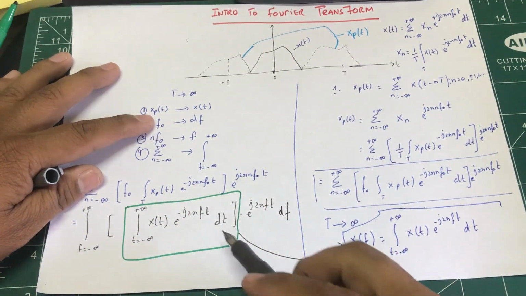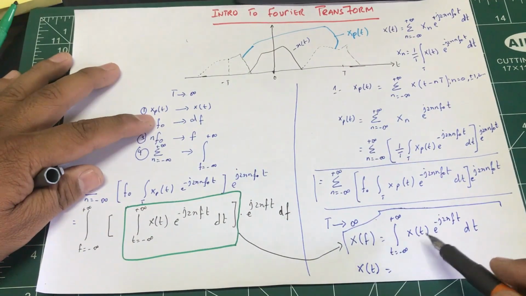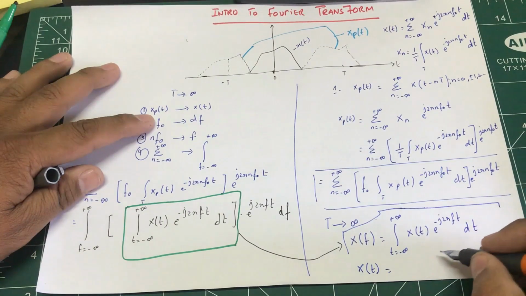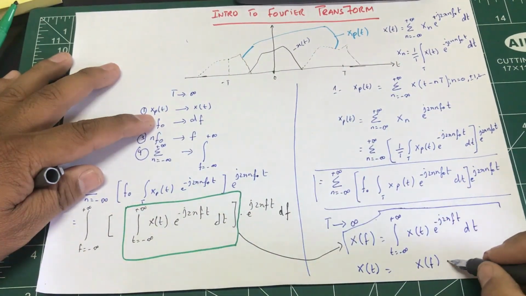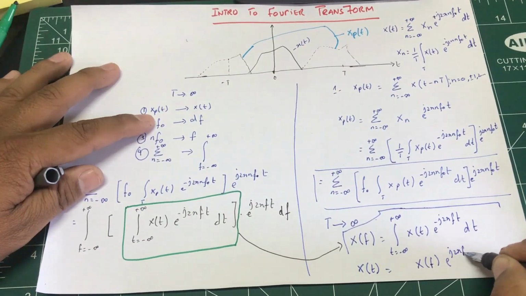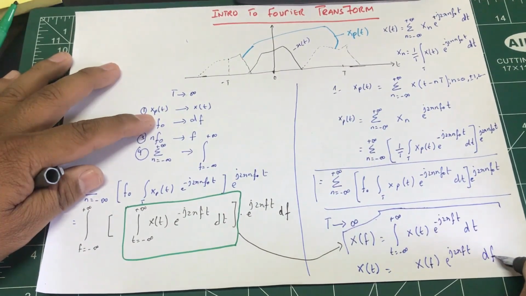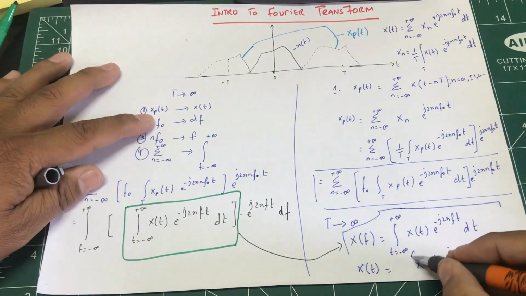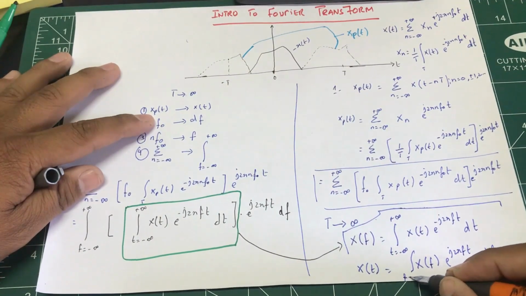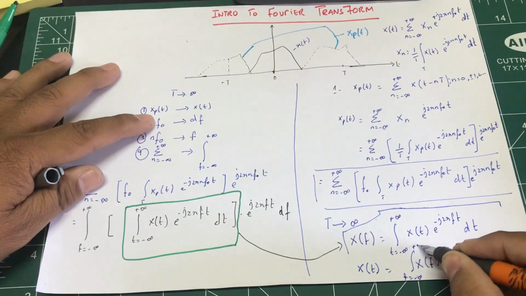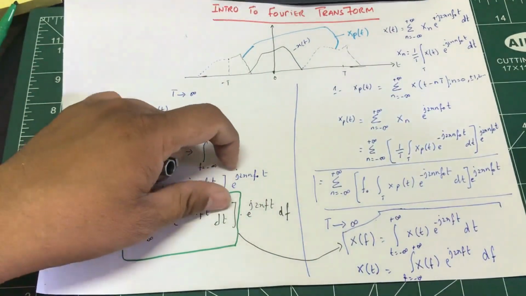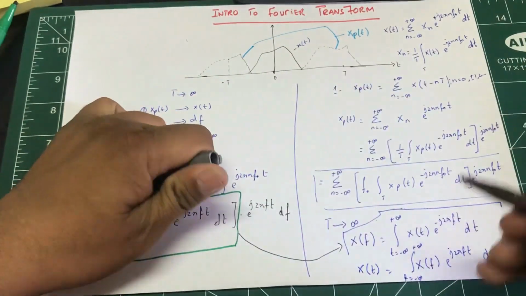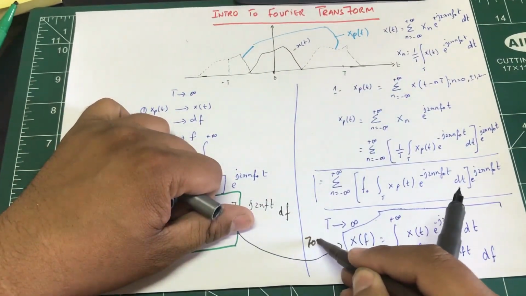If this green thing is x of f, then x of t is going to be x of f times e to the j 2 pi ft df, and this whole thing is integrated over f from negative infinity to positive infinity. Isn't that amazing?